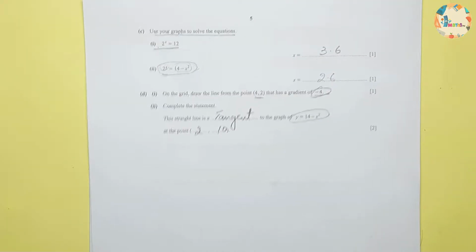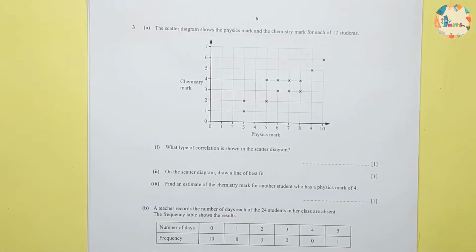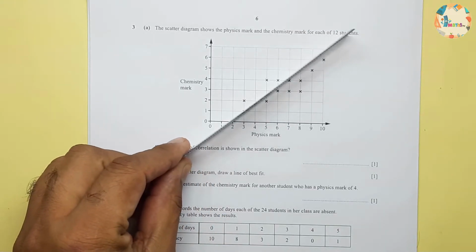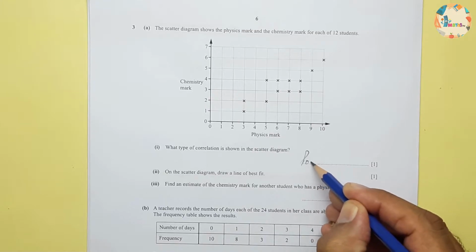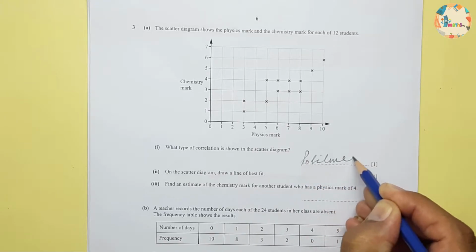Now next is question number 3, which is the scatter diagram. The scatter diagram shows the physics marks and the chemistry marks for each of 12 students. What type of correlation? If we see, this is going up, so it will be positive correlation. We can write here positive.